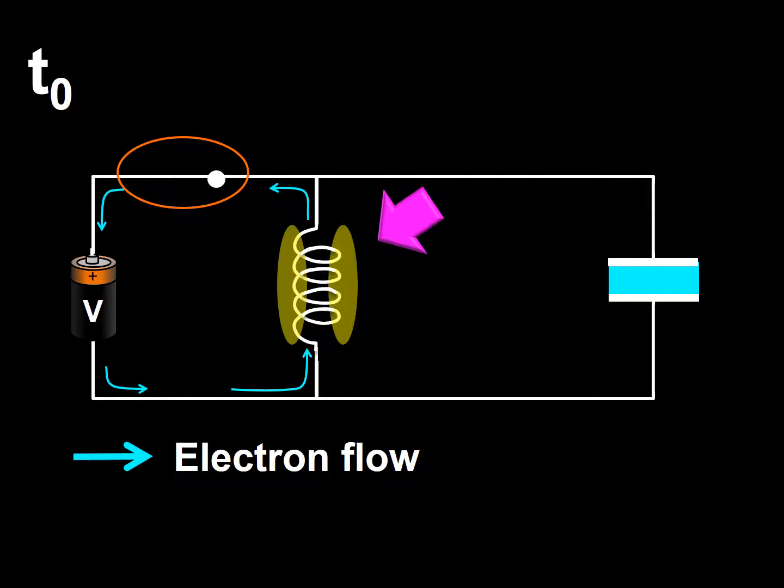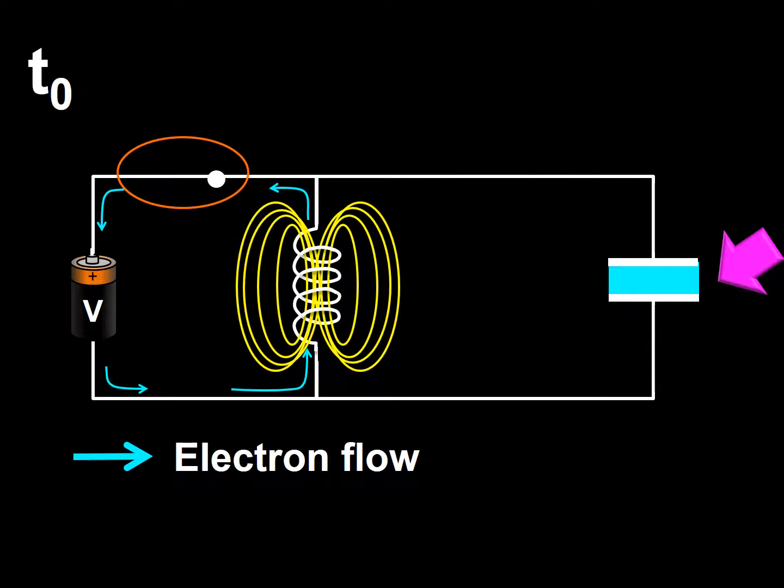I am representing the fully charged inductor by putting a yellow cloud around the coils, and I am representing the fully charged capacitor by the aqua color filling the space between the capacitor's plate.